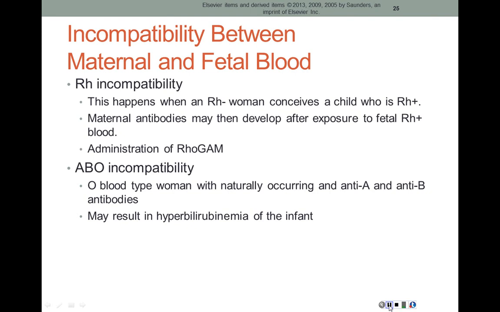Another problem is ABO incompatibility, which is when we have an O blood type woman, and that woman has naturally occurring anti-A and anti-B antibodies, and so it can result in hyperbilirubinemia in the infant.